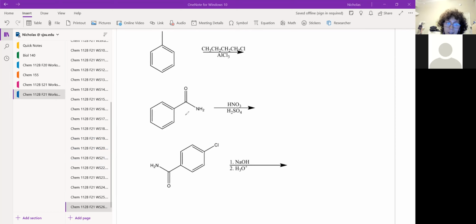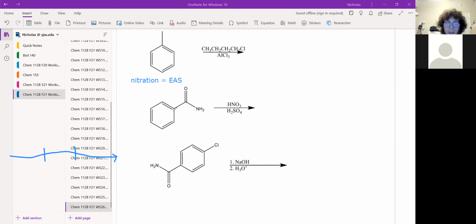Here we have an amide and we're adding HNO3 and H2SO4. What kind of reaction are we doing here? Nitration. Yeah, we're adding a nitro group. This is another EAS reaction, so we have to consider directing effects. And if there are multiple substituents, you should think about activating effects too.